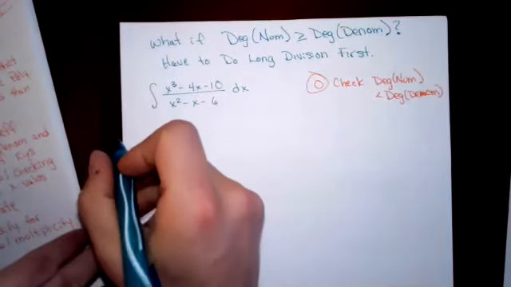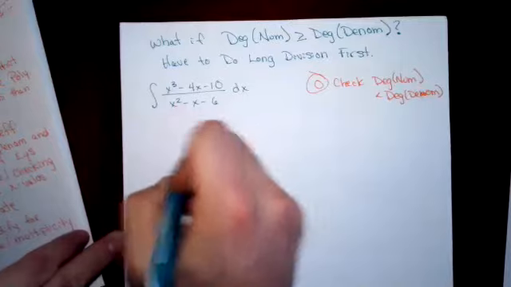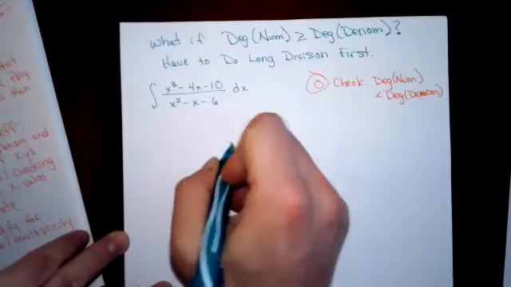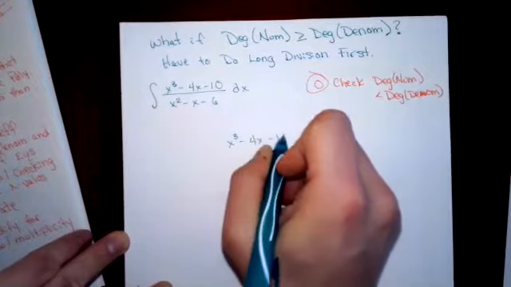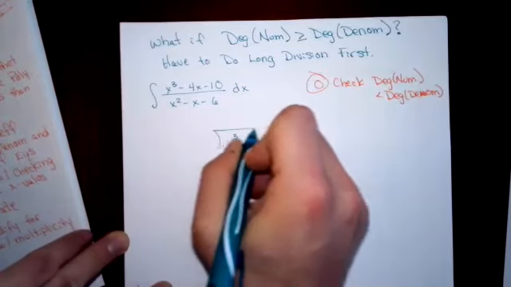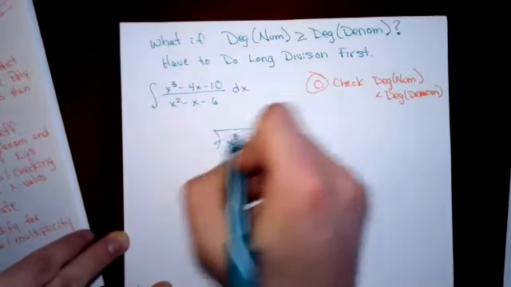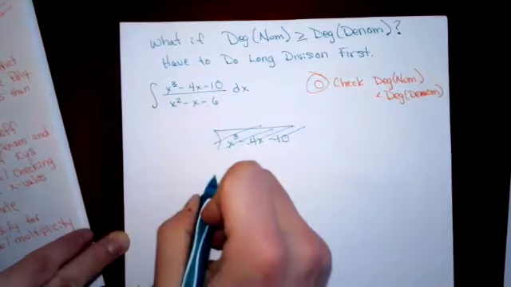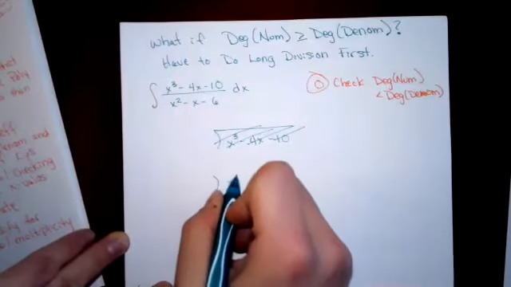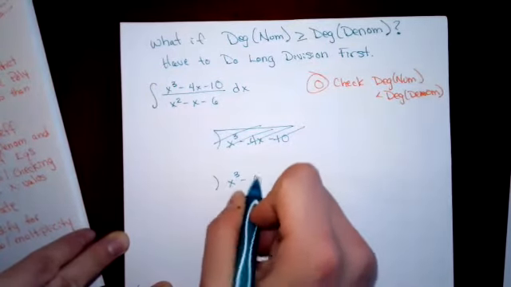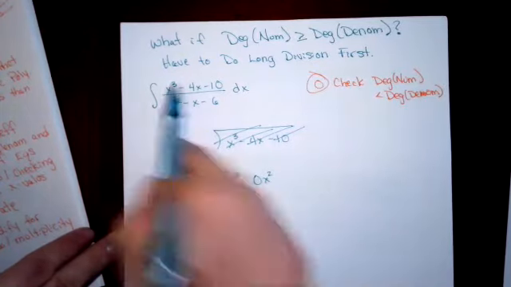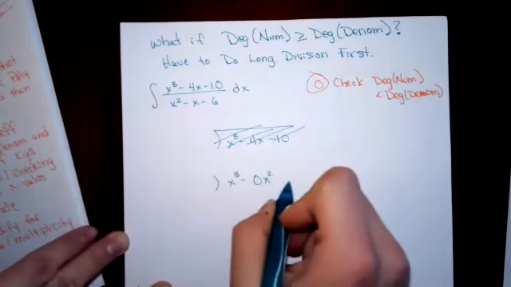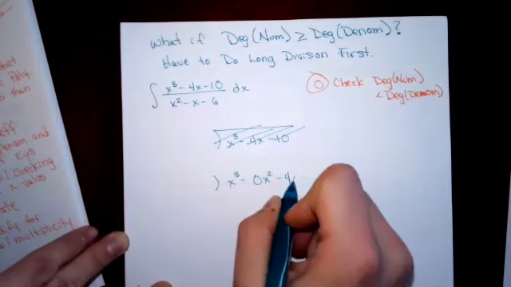I don't know how many of you remember polynomial long division from pre-calc. It might have been a little while ago since you've seen it, so let's go through it real quick. Let me rewrite it. You put the numerator underneath. I'm going to write it as x cubed, and I'm going to put in a placeholder for the x squared term: x cubed plus 0x squared minus 4x minus 10.